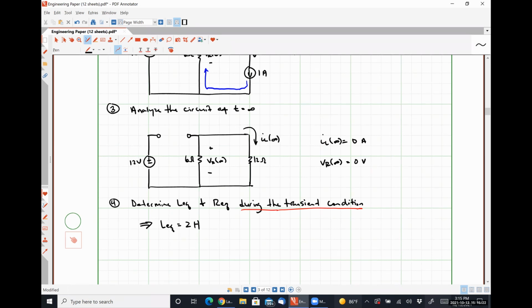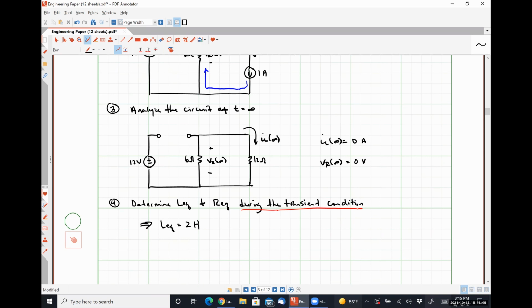The resistance is a little bit harder, but we have the skills and knowledge to determine it. What we are trying to do here is to determine the Thevenin equivalent resistance seen by the inductor.